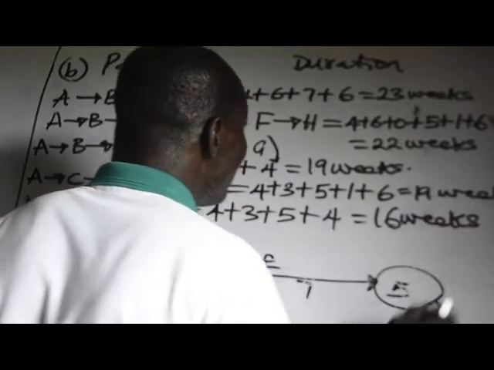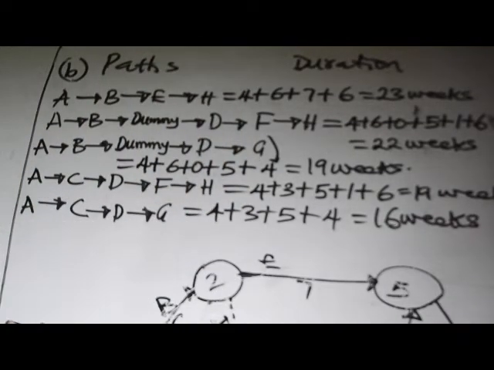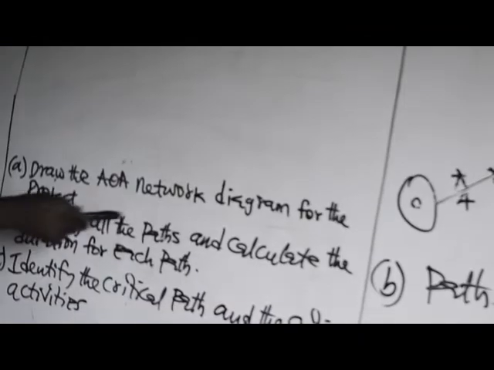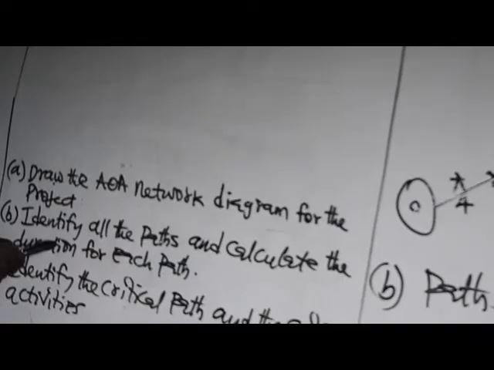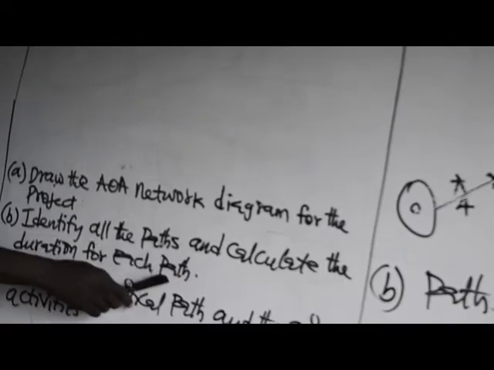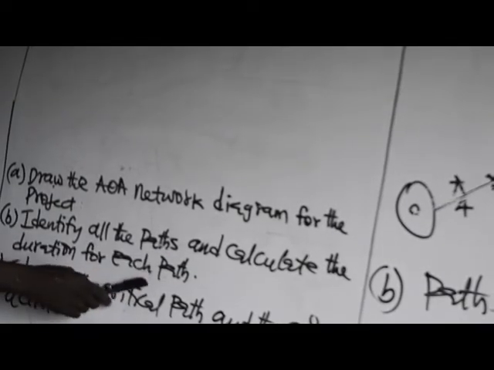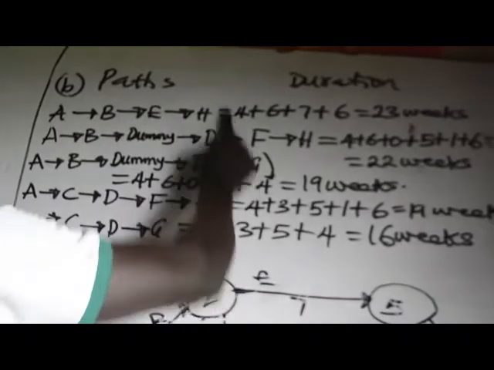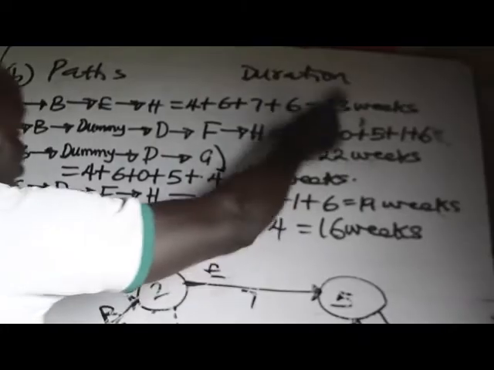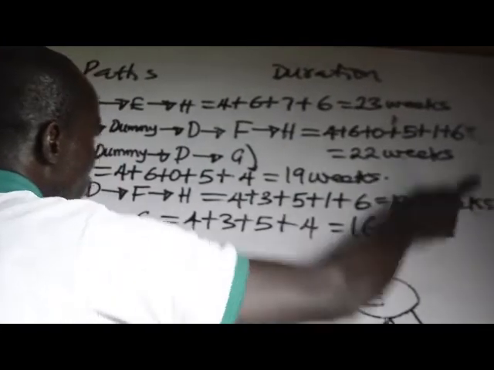Remember, I've told you that the critical part is the part with the longest duration. Now back to the question. Identify all the parts and calculate the duration for each part. That has been answered. These are the various parts, and these are their durations.